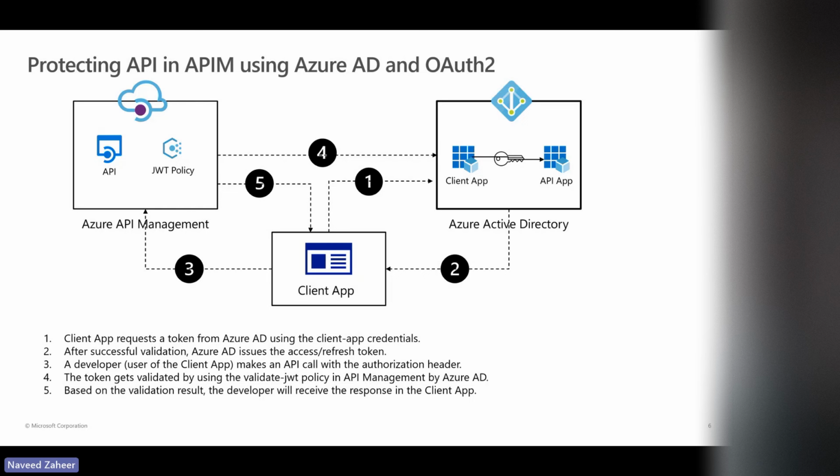As you know, API management allows you to apply policies for rate limiting, for transformation. Just like that, you have a JWT policy which allows you to validate a JWT token. Once that is validated and confirmed, it returns the results back to the client app. Okay, so that's how this whole flow works.